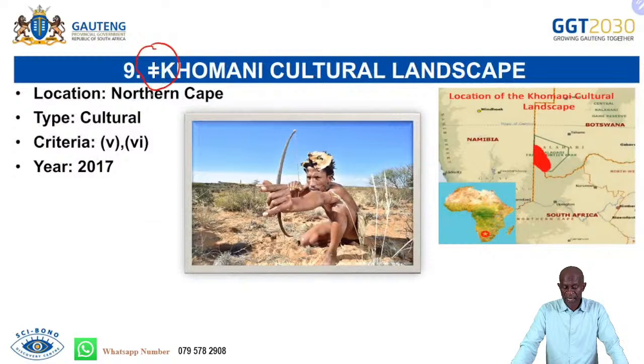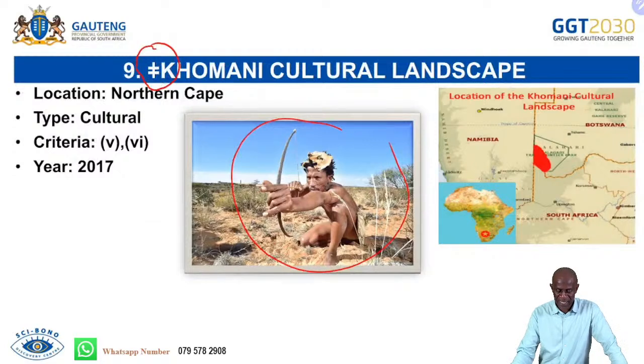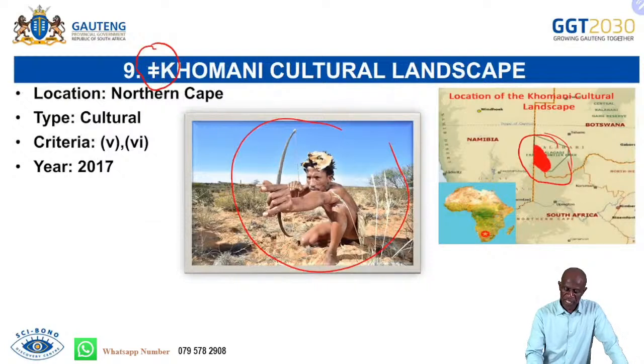The year in which it was declared is not so long ago. It was in 2017, and here is a representation of this cultural landscape, and from your map it is situated right where there is a red dot from this presentation.